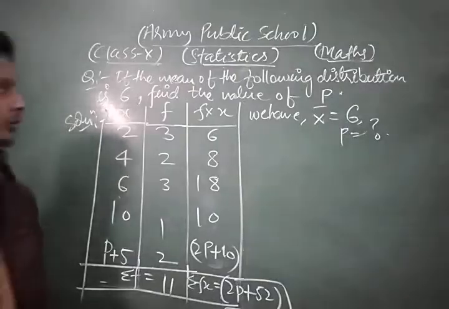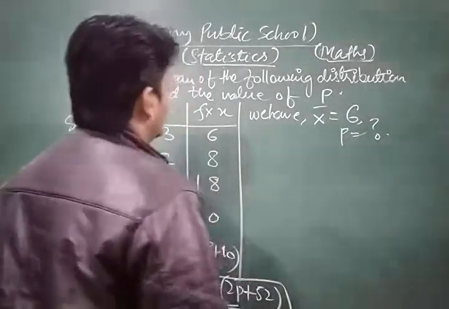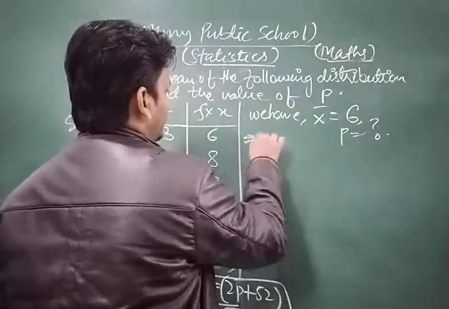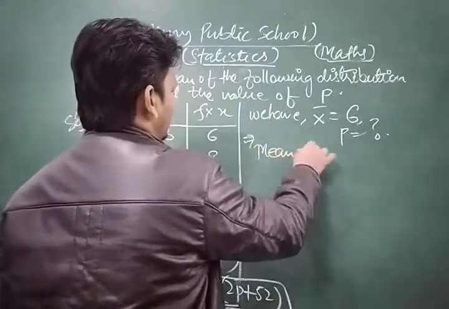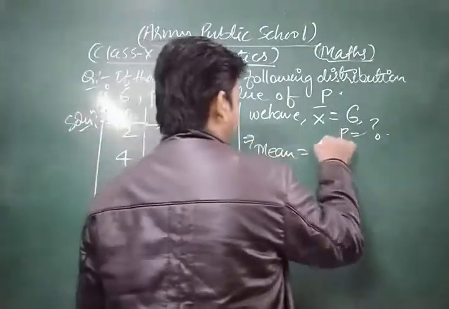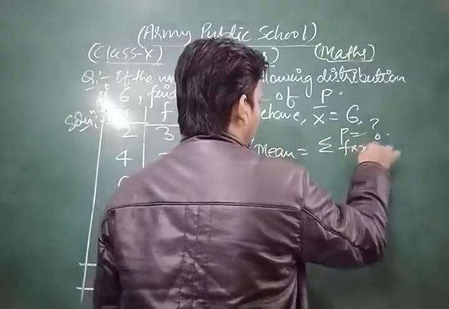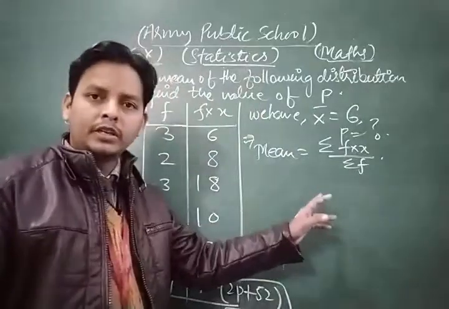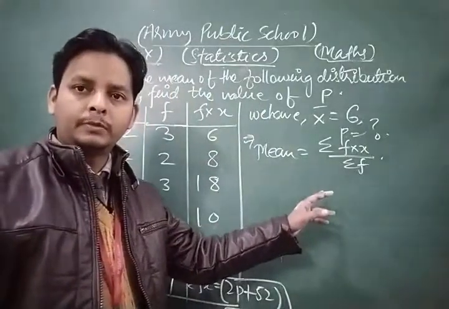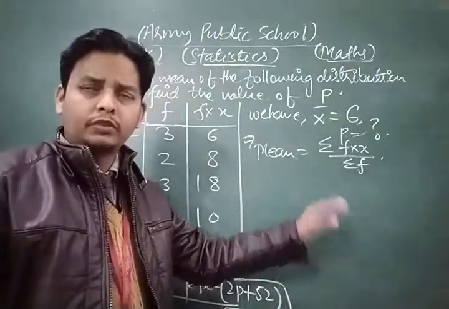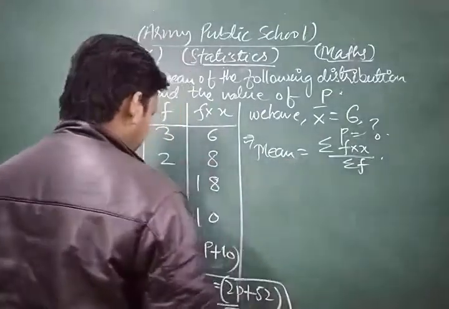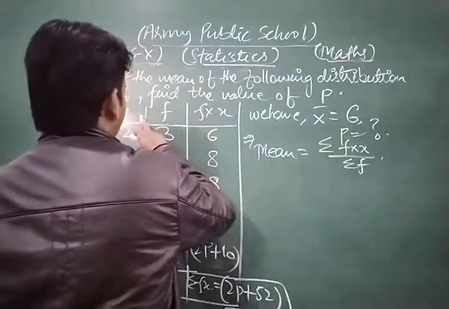Now look, mean is what? Mean is sigma f into x upon sigma f. This is the formula for mean. Now here we use that formula. We put the value of mean, sigma fx and sigma f. The value of mean is given in our question, that is 6.